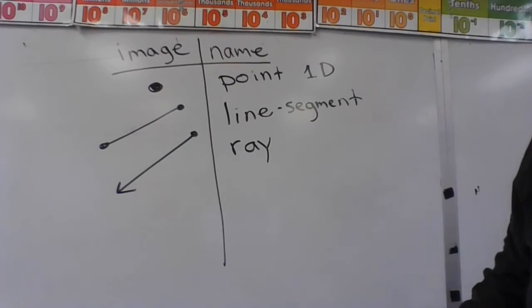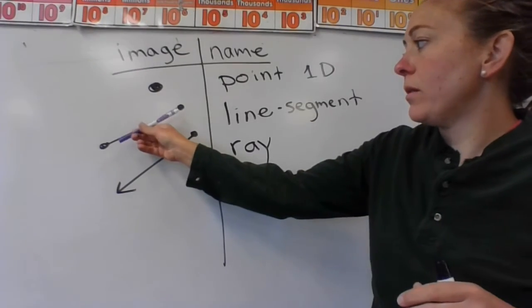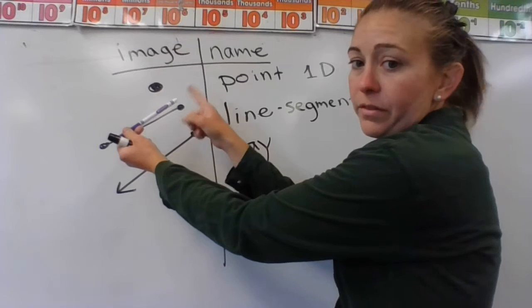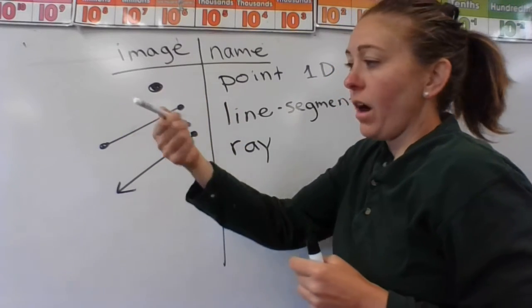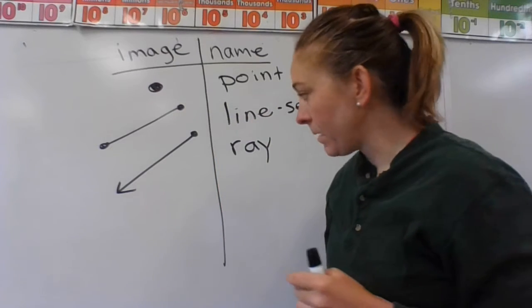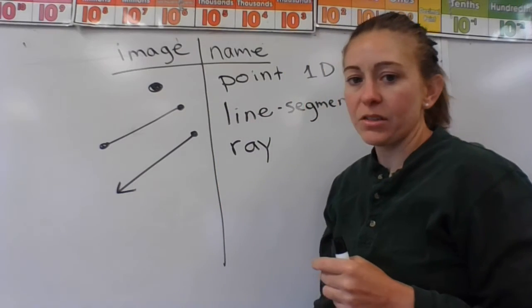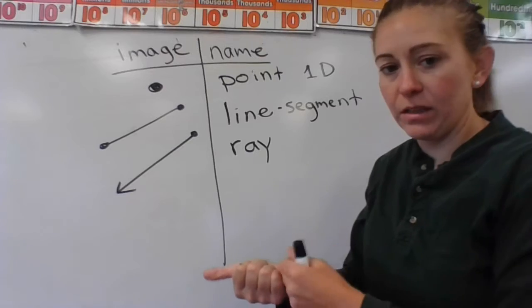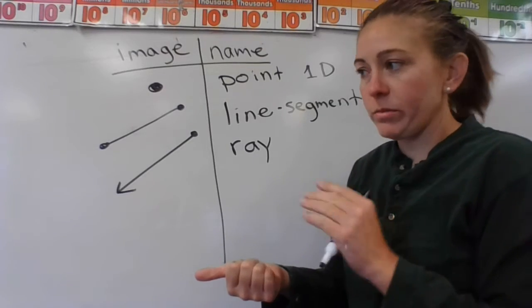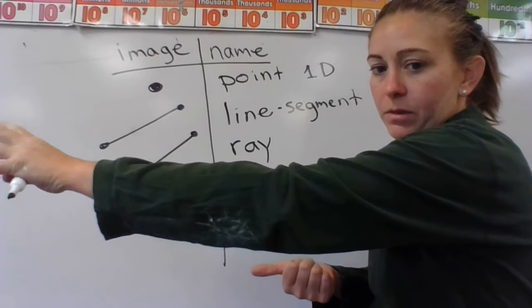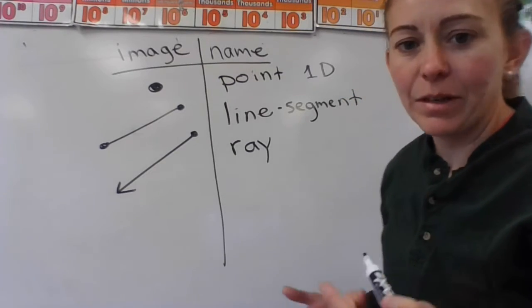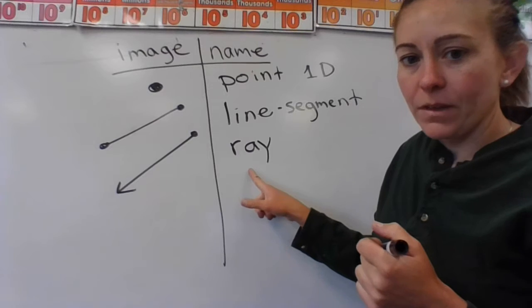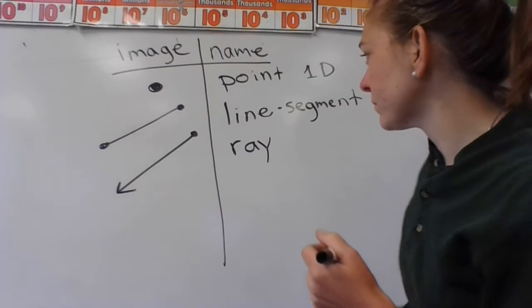So think of a line segment as like a pencil or a pen, where it has a clearly defined front and a clearly defined end. It only goes so far. But a ray is like a flashlight, where if I turn it on, the light only comes out, doesn't come back towards me, it goes out and keeps going in one direction. A ray is kind of like a sun ray or a beam of light, so that's how I remember that one, like a flashlight.